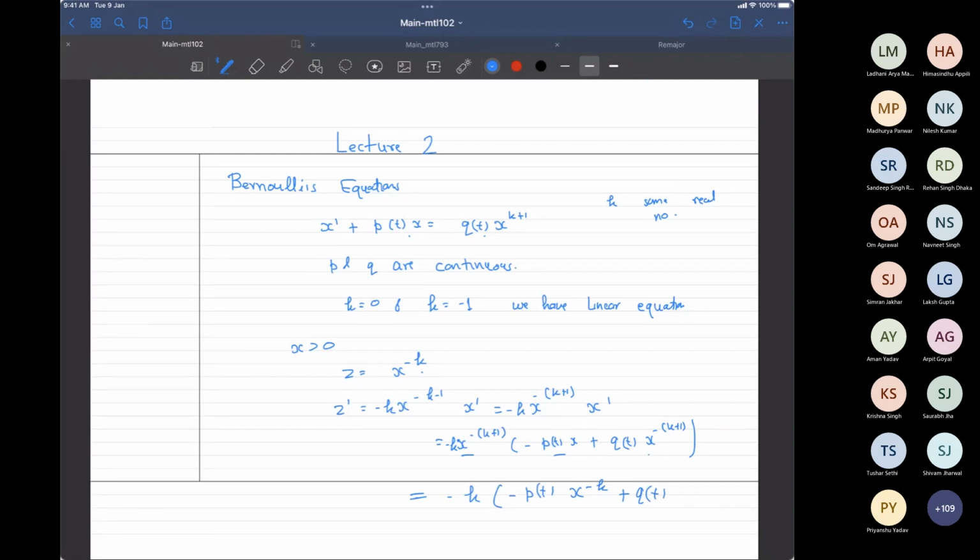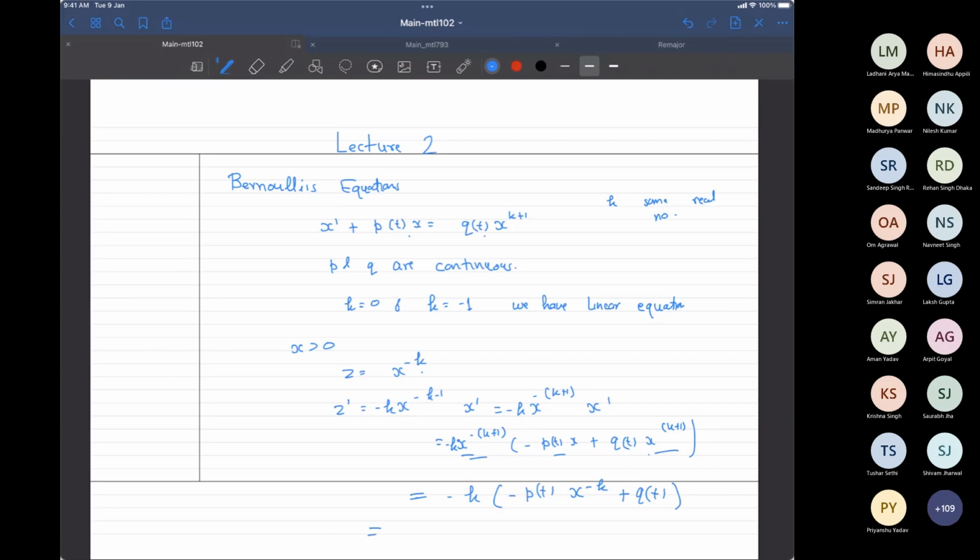Okay, so I made a mistake here. There is no minus sign here, so I'm making a mistake.